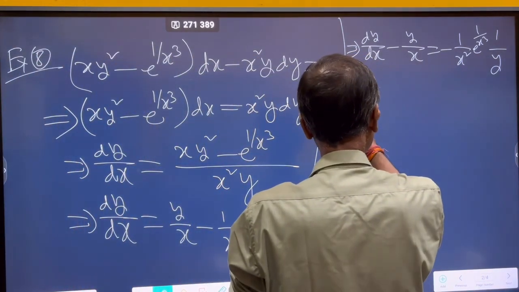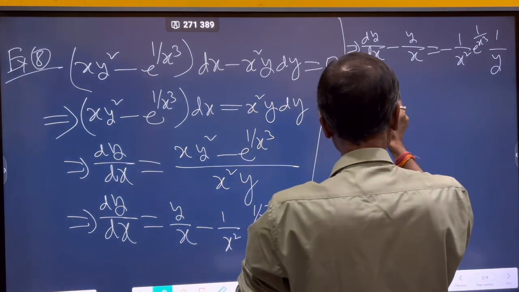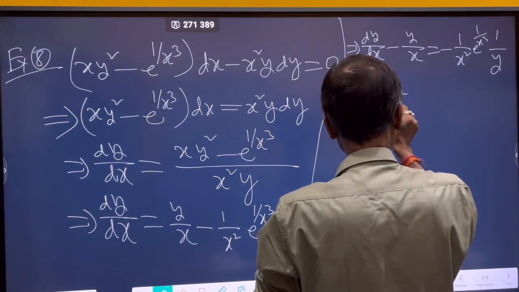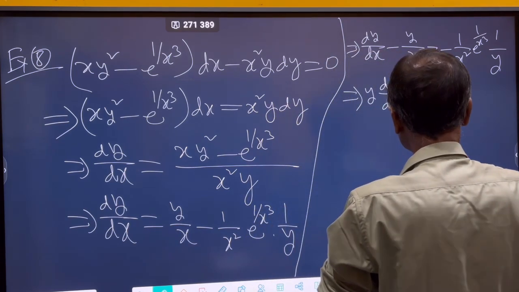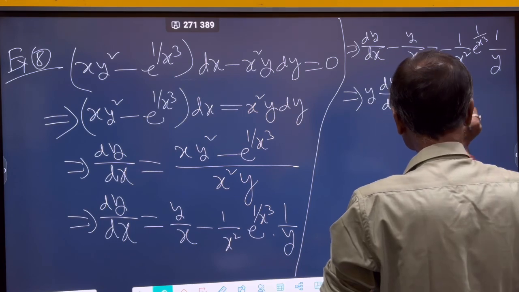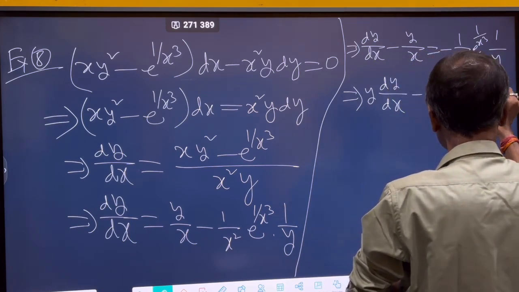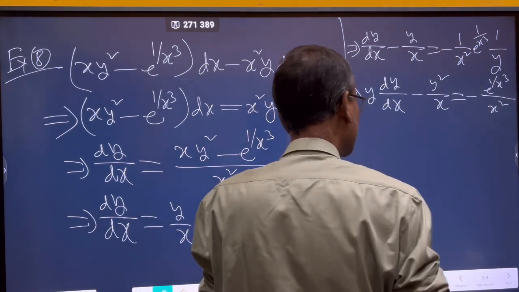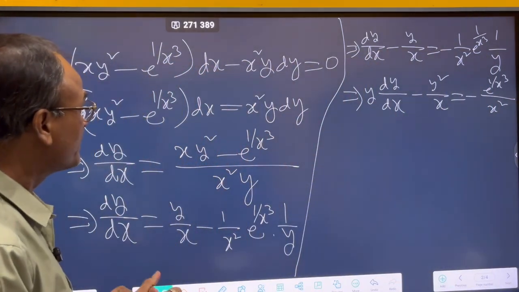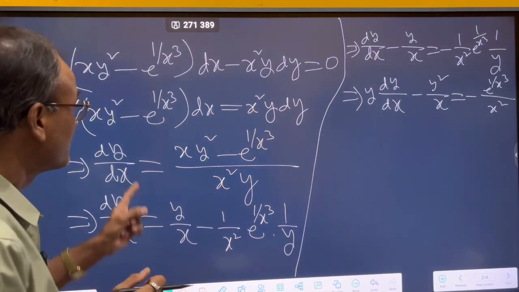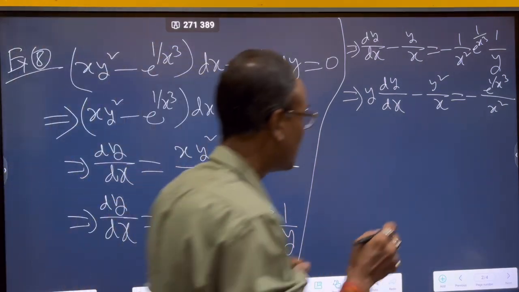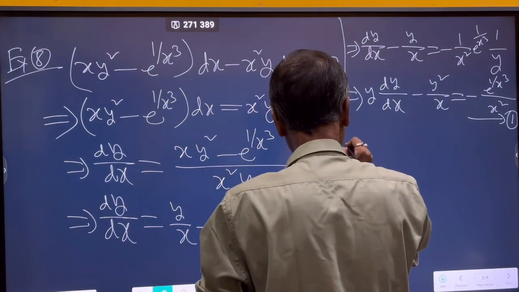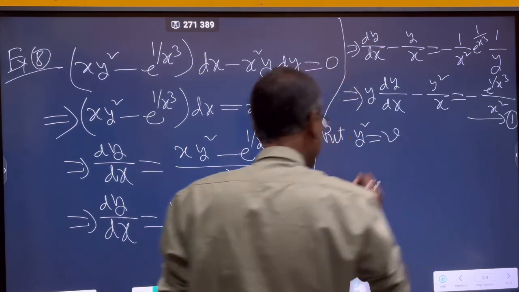Just multiply this by y: y dy by dx minus y square by x equal to minus e to the power 1 by x cube divided by x square. Suppose this is number 1.